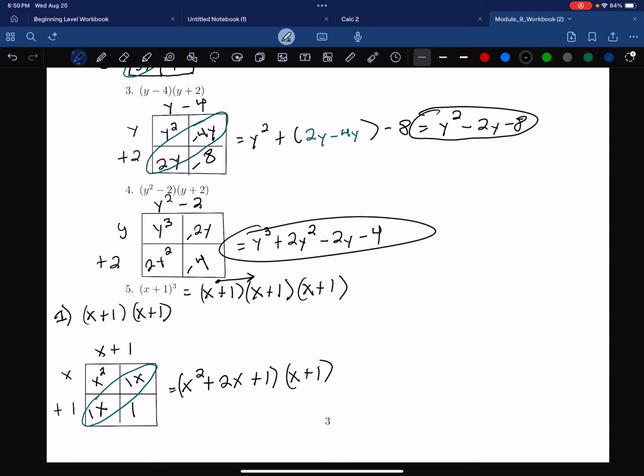Now, the only thing that's going to change when we use our box method is we're going to have a row, or we're going to have a column of 3 boxes because we have 3 terms here. But everything is going to stay exactly the same. So I'm going to draw another box.